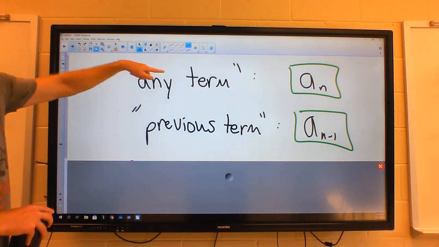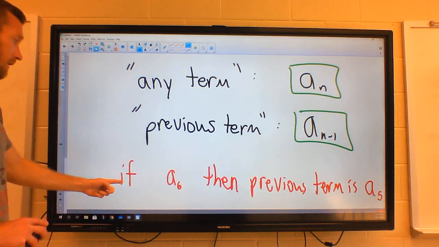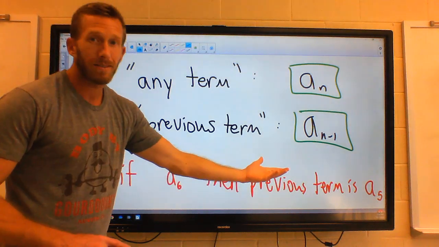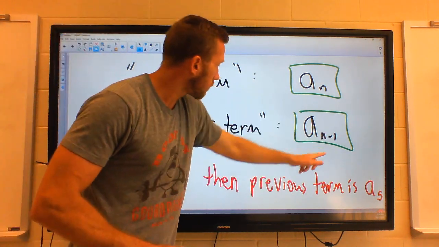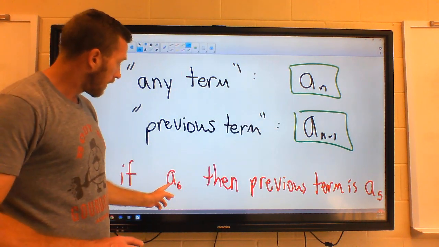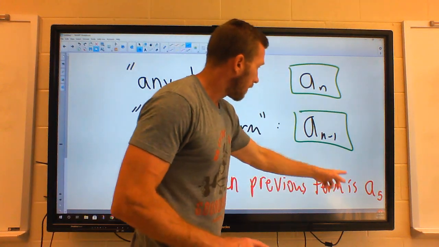So once again, any term is an, previous term is a(n-1). That makes sense because if a6 is our term, then the previous term is a5 because it's n minus 1. N is 6, right? An is a6, sorry. N is 6. Then we've got a(n-1) is a5.